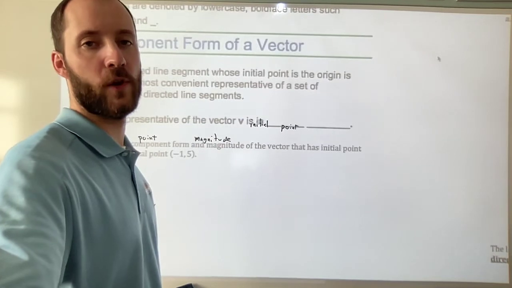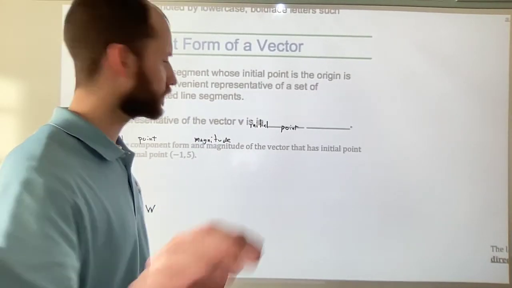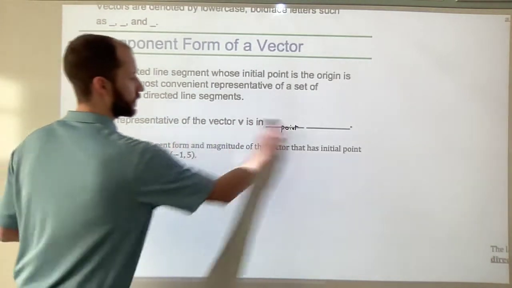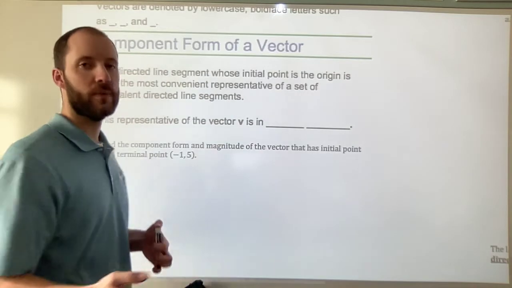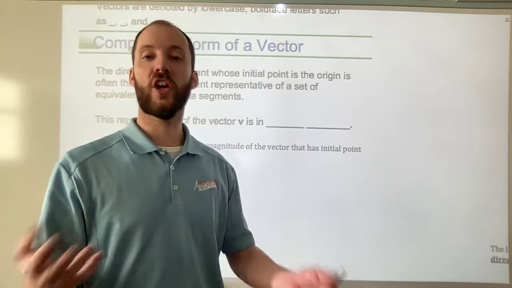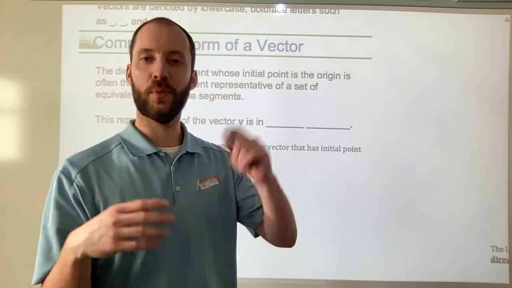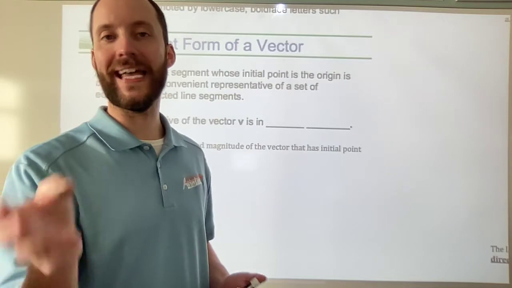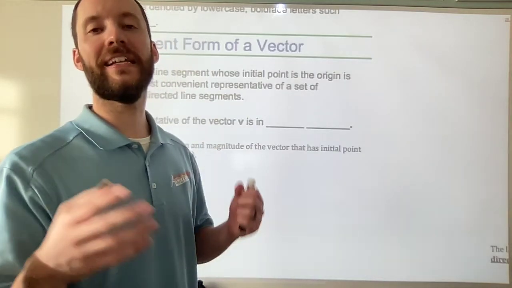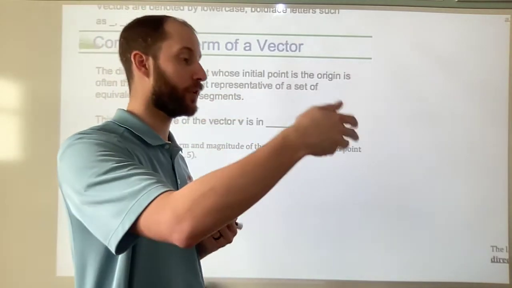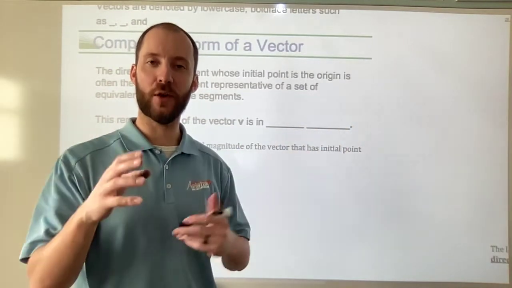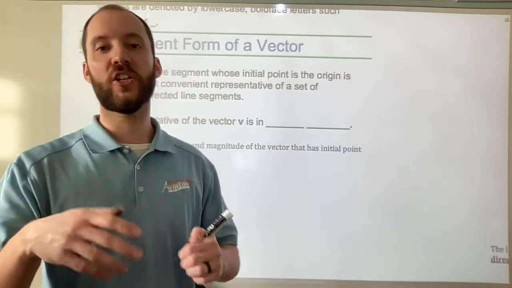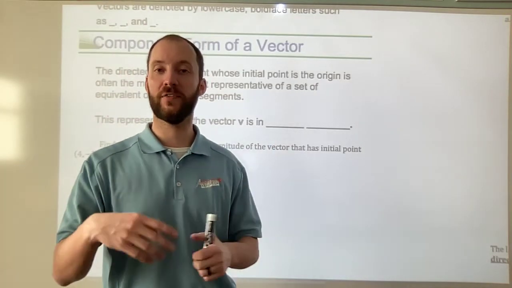Now, component form of a vector, that's kind of how we generalize vectors. So we assume that the vector is starting at the origin and the component form then uses the origin as the initial point. And it's a way to take initial and terminal points and boil it down to horizontal and vertical movement. So how much horizontal force does a vector represent?